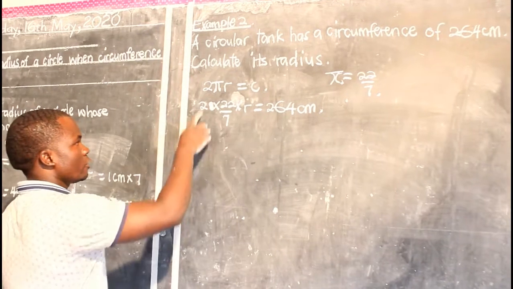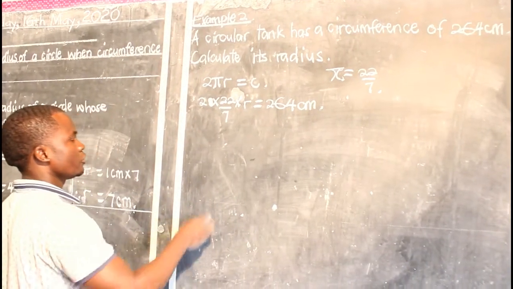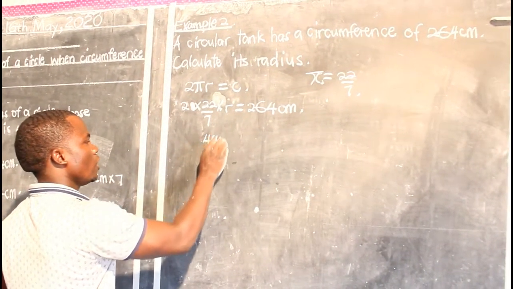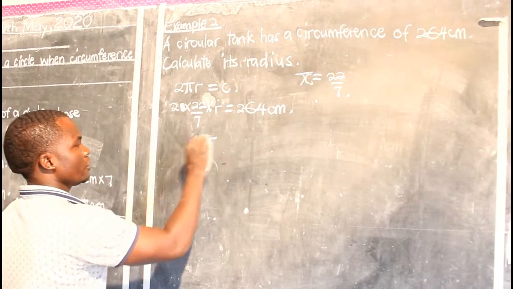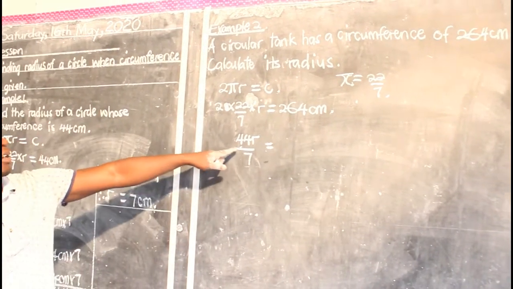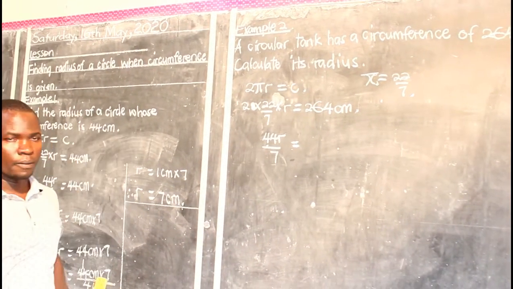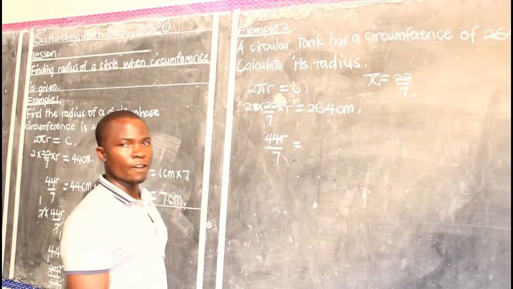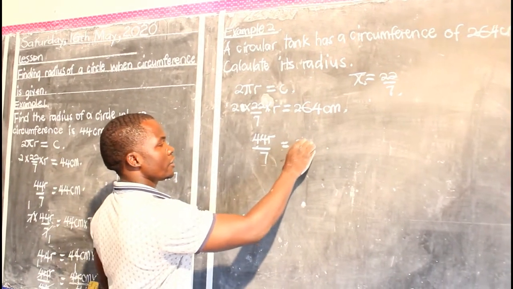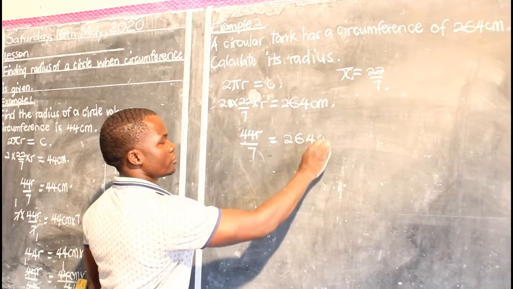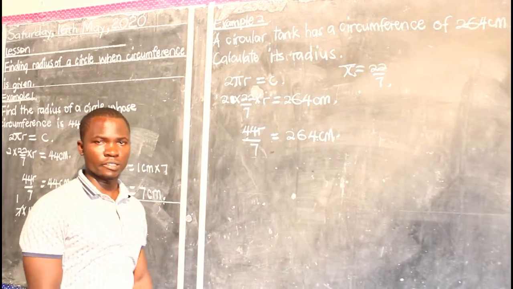We shall go ahead and multiply 2 times 22 times r. This is 44r out of 7 equals 264 centimeters. It will remain the way it is.